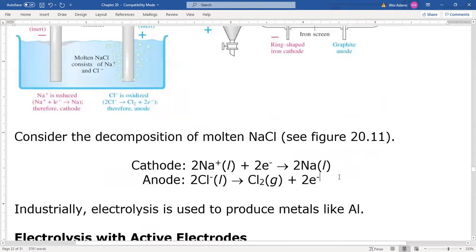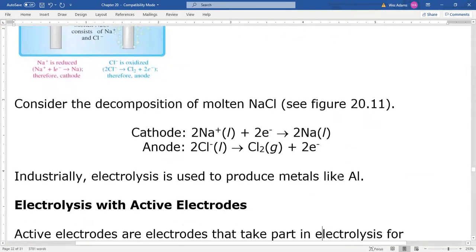More practically speaking, we can see that the cathode reaction is the reduction of the sodium. The anode reaction is the oxidation of the chlorine. Industrially, you can produce metals like aluminum that way quite easily.